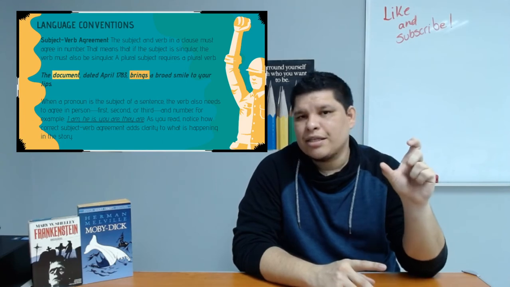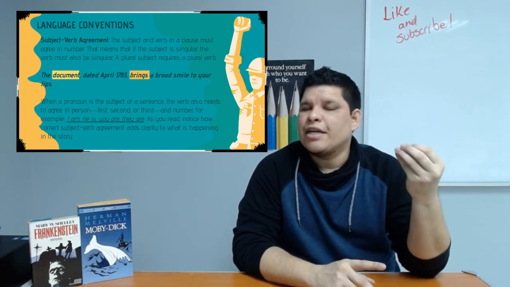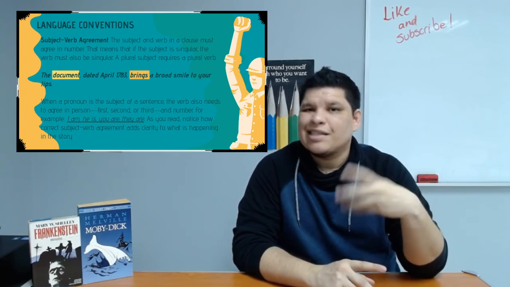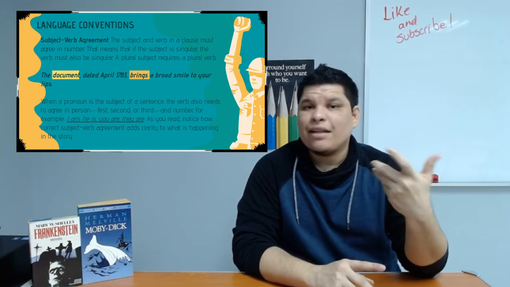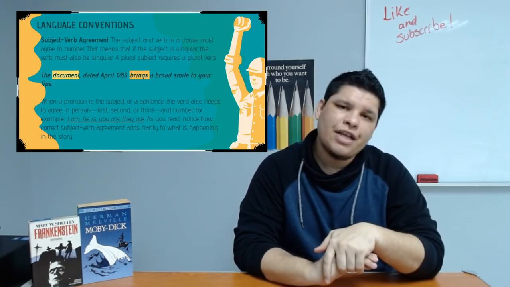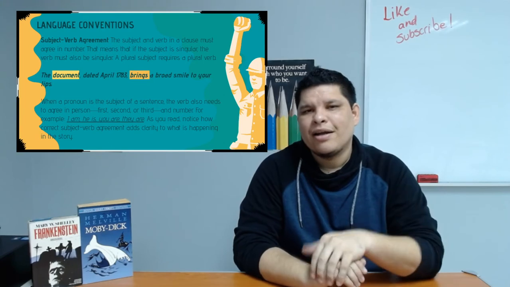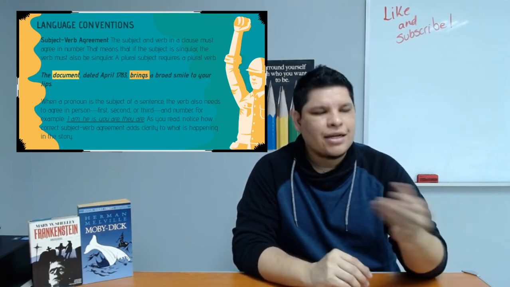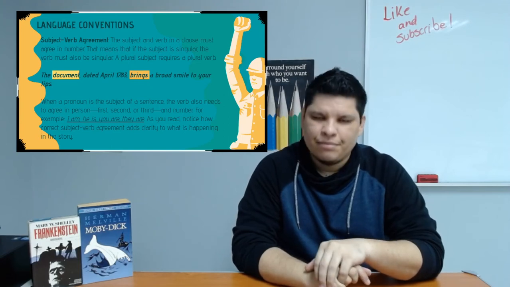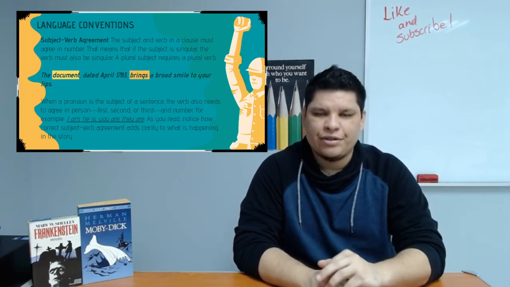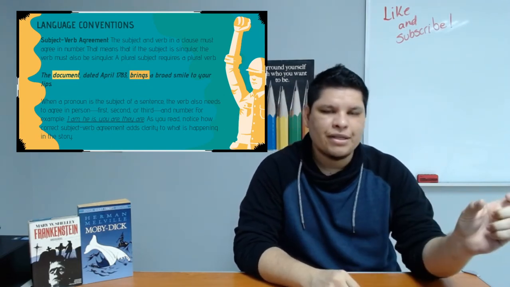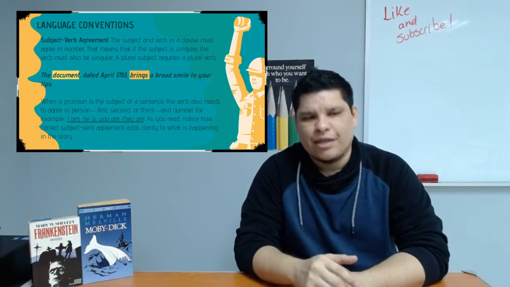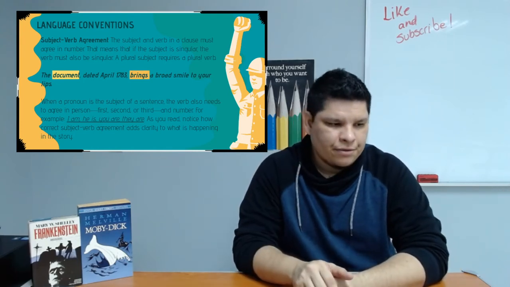So document, if we change it into a pronoun, is it. It belongs to the third person singular. That means that the verb has to agree with that. That's why the verb bring has to go with the s, because it's third person singular. So the document, it, brings a broad smile to your lips.